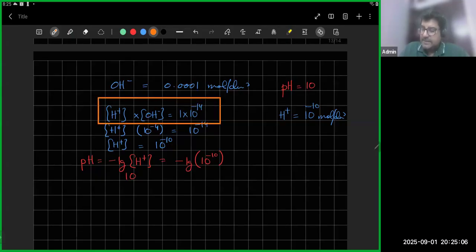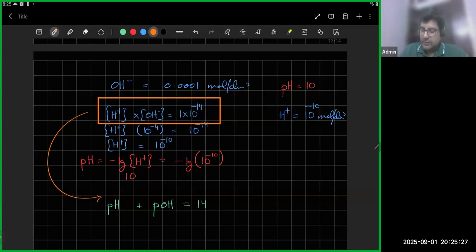The other way of solving this is that instead of using that one, you could have taken the log expression, which was pH plus pOH equals 14. That was the logarithmic version of the same expression.